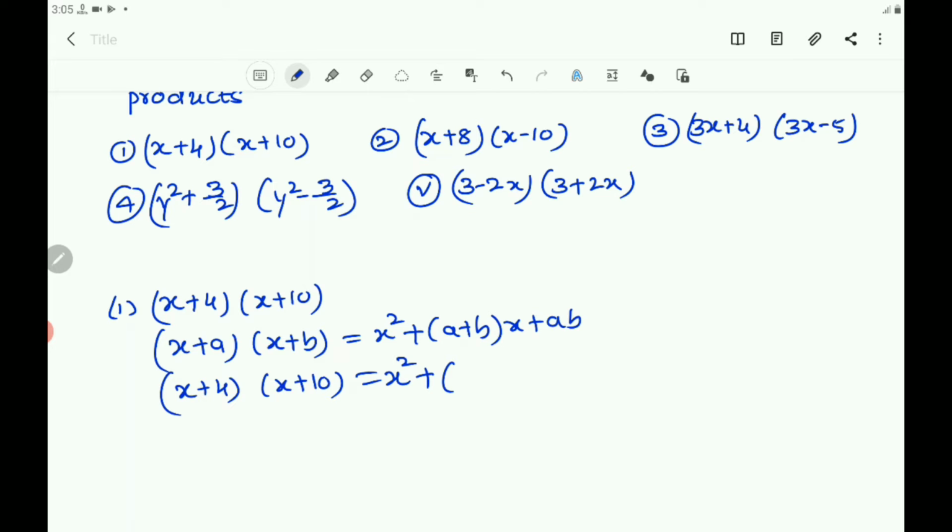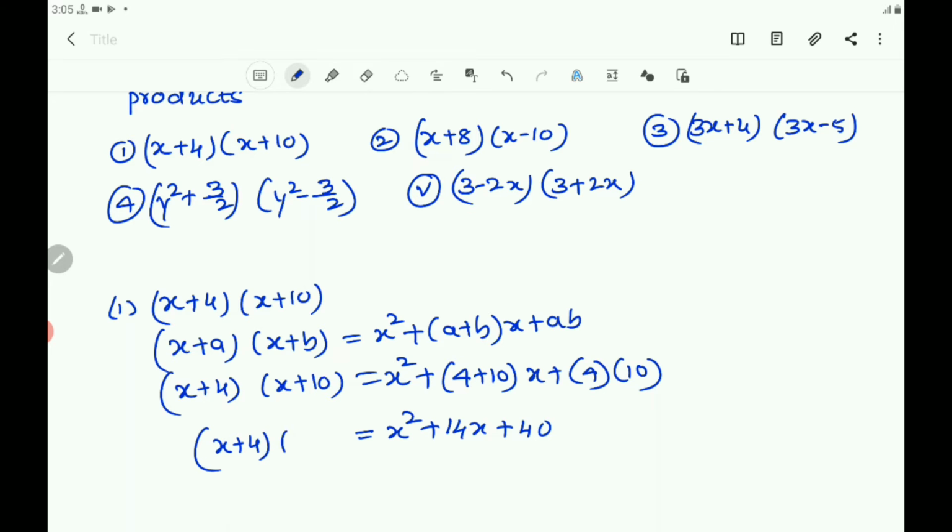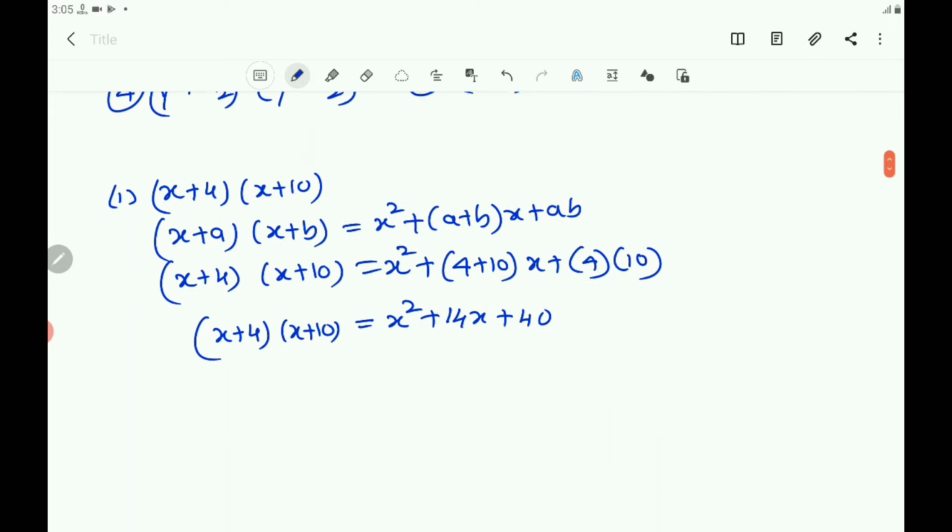In the first factor the second term is 4, in the second factor it is 10. So a plus b means 4 plus 10, x plus ab. Here a is 4 and b is 10, equals x square plus 14x plus 40. So the product of x plus 4 into x plus 10 is x square plus 14x plus 40.